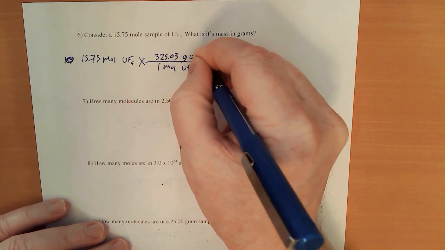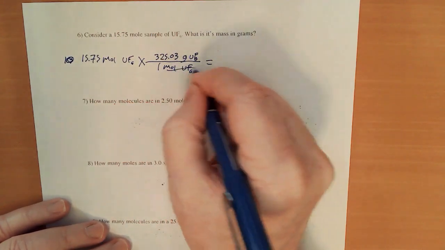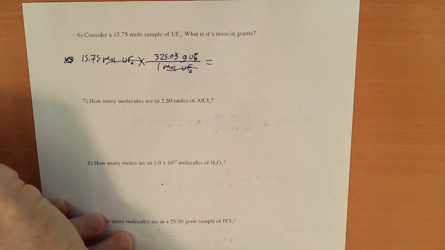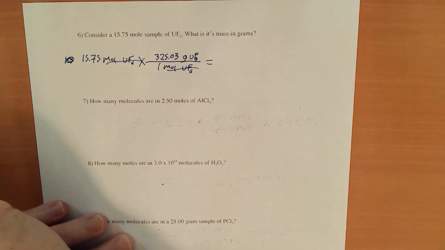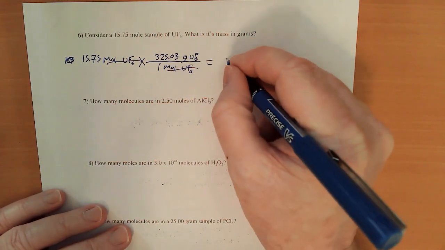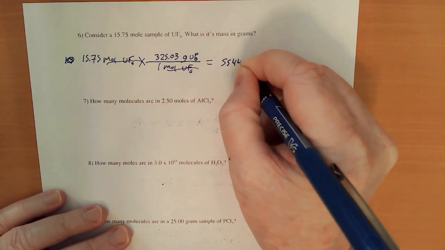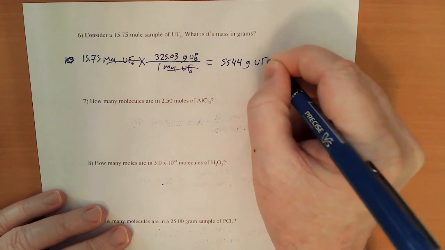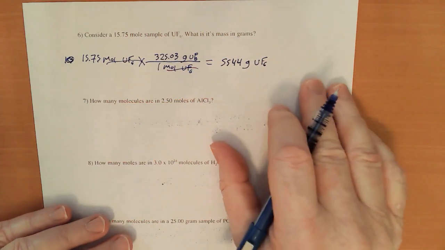Grams UF6 equals, moles cancels, times 15.75. Wow, that's a big number, 5544 grams UF6.